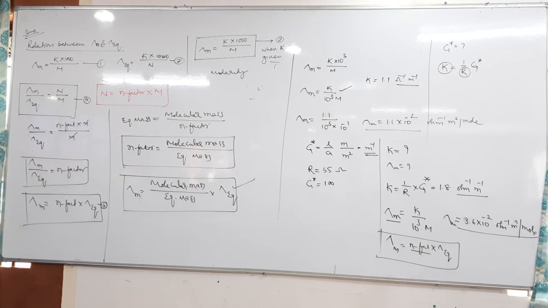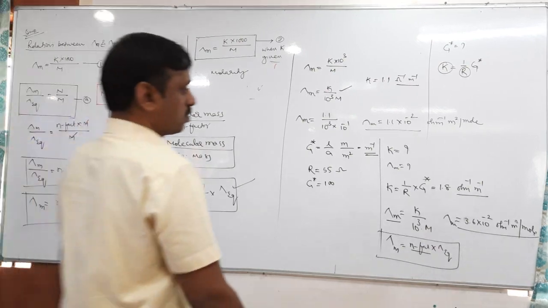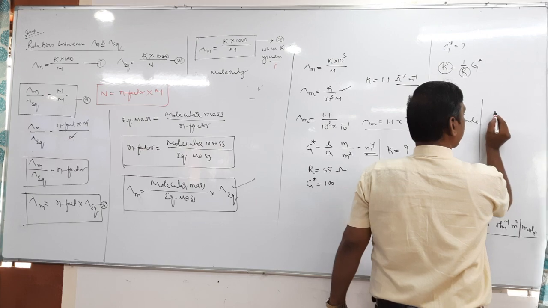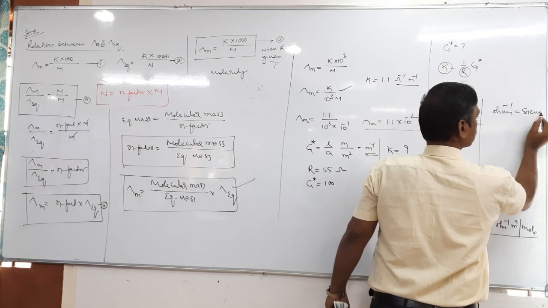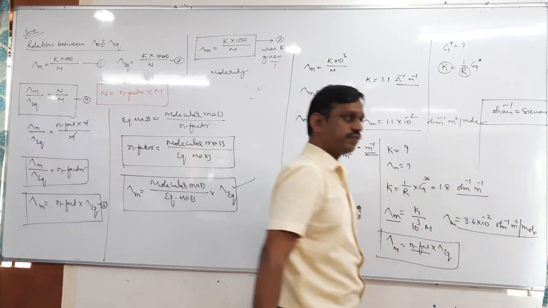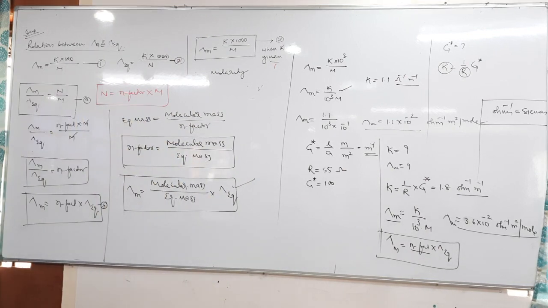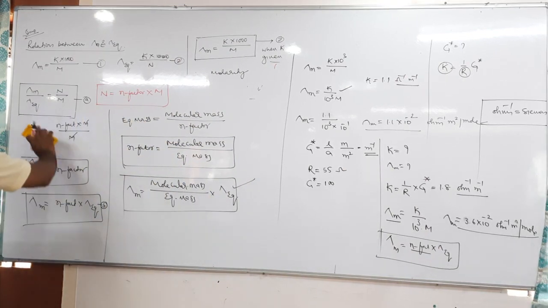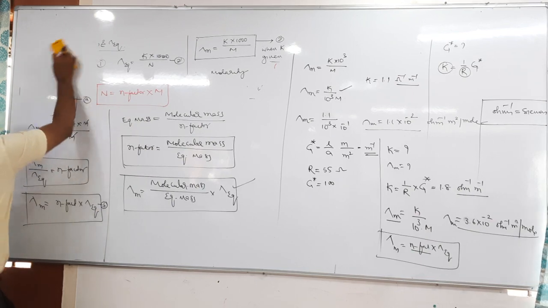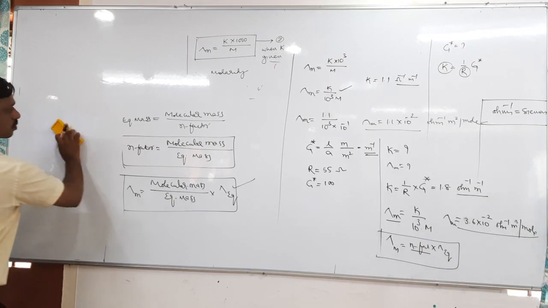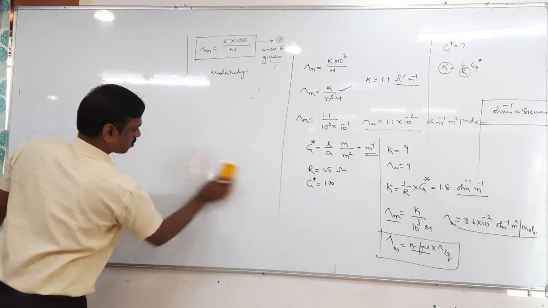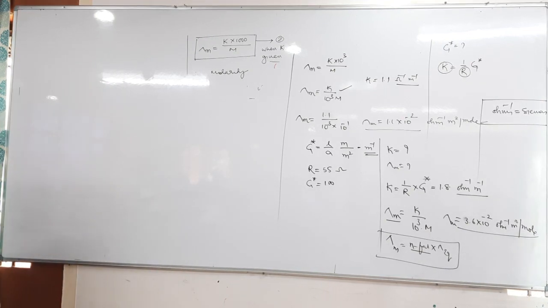Calculate its molar conductivity. So here, the unit is given as Siemens. What is the Siemens? Ohm inverse is also equal to Siemens. Okay. 124 into 10 power minus 2, is that the right answer?